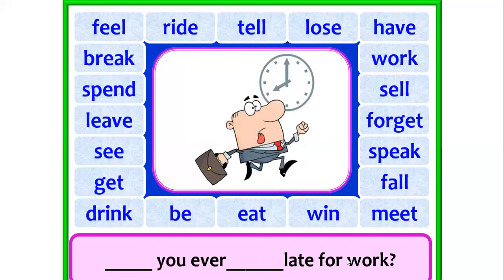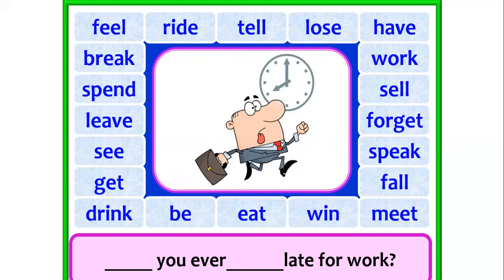So have you ever what? Which verb? Have you ever been late for work? This is the verb to be in the past participle.